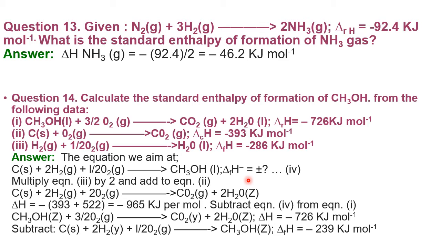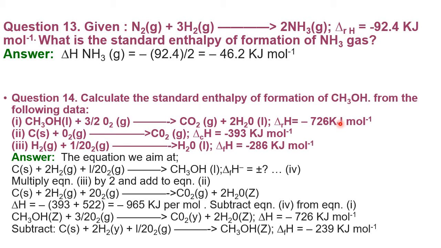Using these three data, we have to convert all three into the required form, because our aim is to get this equation. For this, we have to rearrange. Sometimes you have to multiply, you have to add, you have to subtract. All these rearrangements we do so that we get this equation using these three chemical equations and their data.